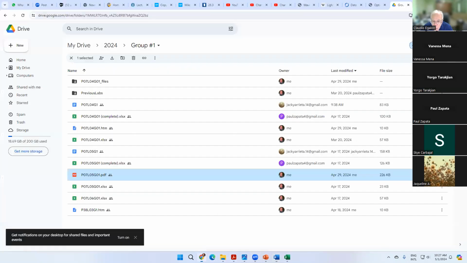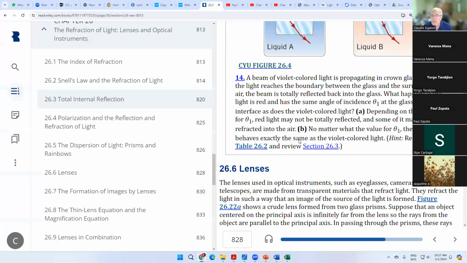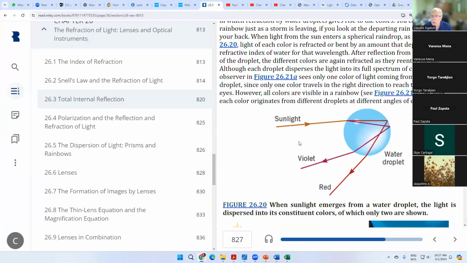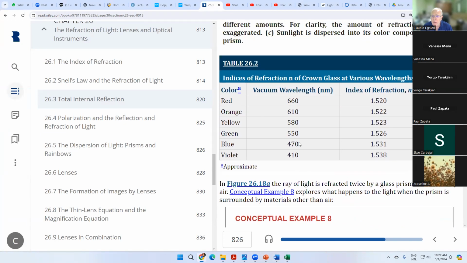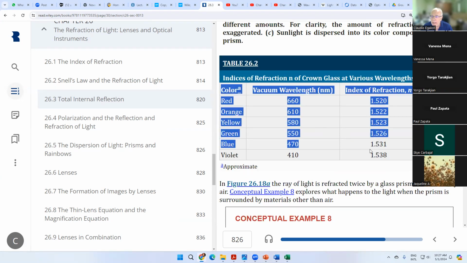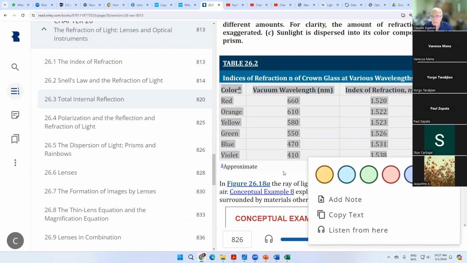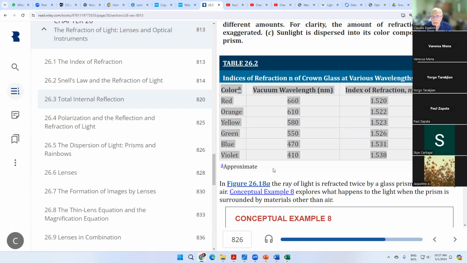Oh yeah, I want to show you the book. The book has a table for the dispersion properties of a special type of glass called crown glass. Notice that the Schott tables are far more detailed than this one. Here they give just a few wavelengths: 1, 2, 3, 4, 5, and 6.